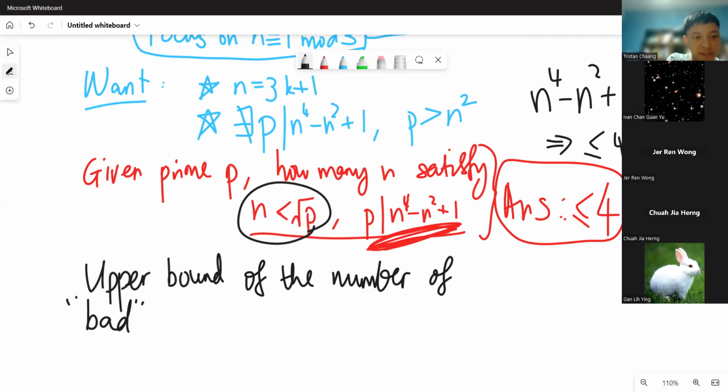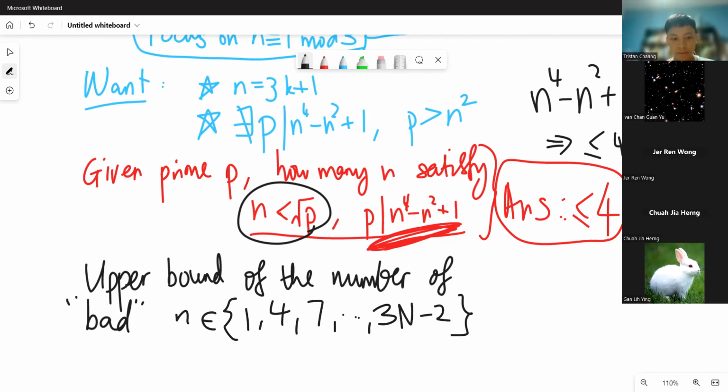Bad means they satisfy this failing condition, which are numbers that we don't want. So bad n, which are in 1, 4, 7, well, the 1 mod 3 integers, until some large number, let's say 3n minus 2, is basically this.